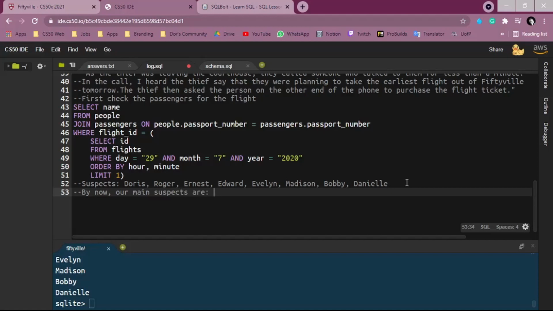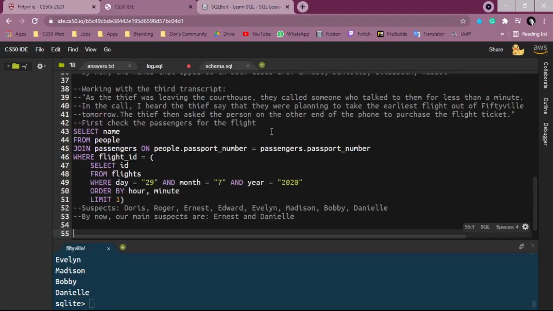And now we're going to find the real thief by checking the phone call, because we know that as the thief was leaving the courthouse, the thief called someone who talked to them for less than a minute.